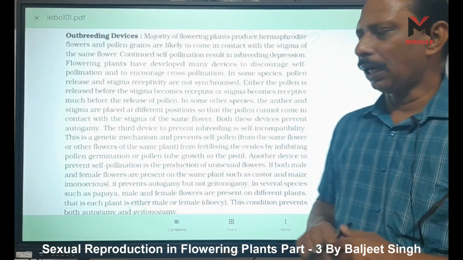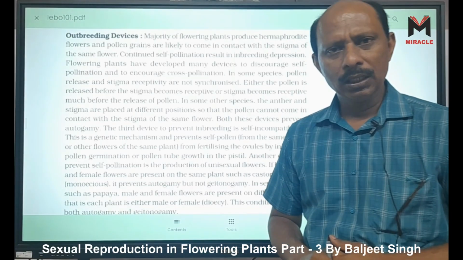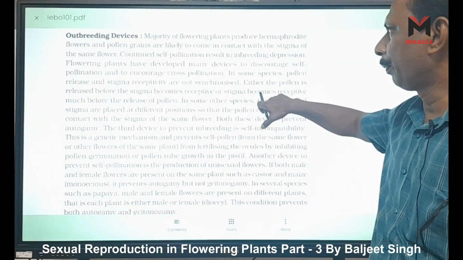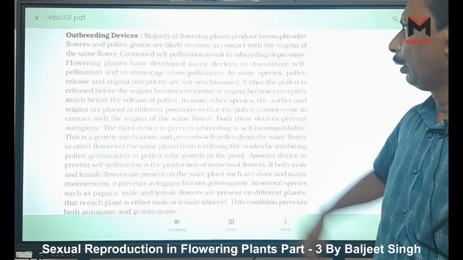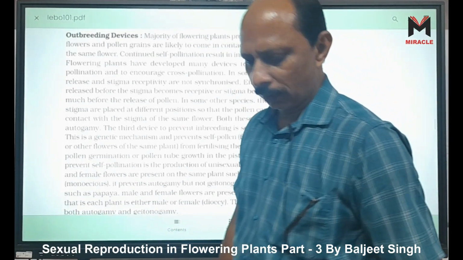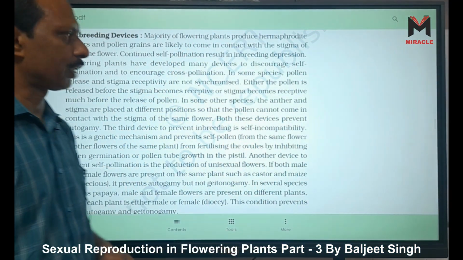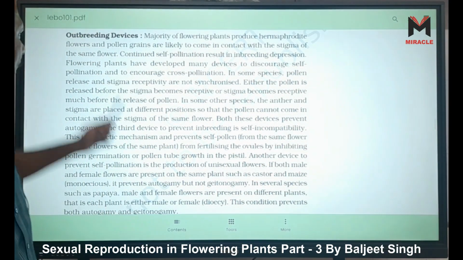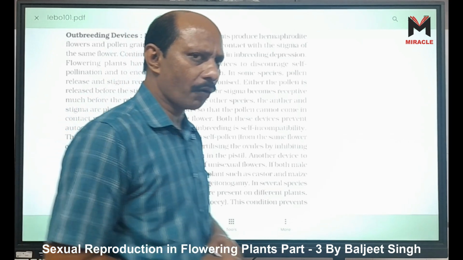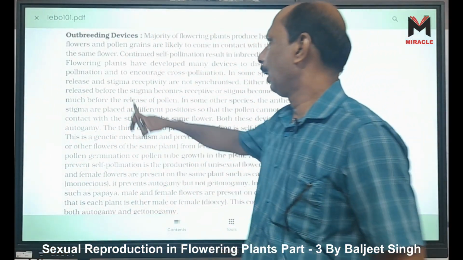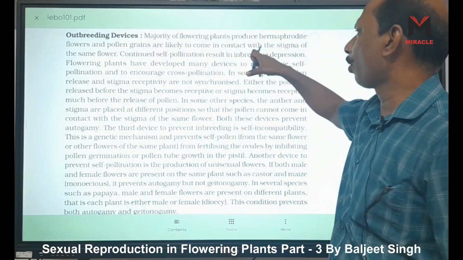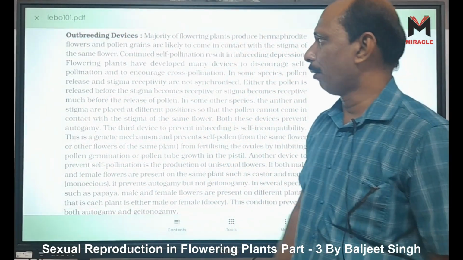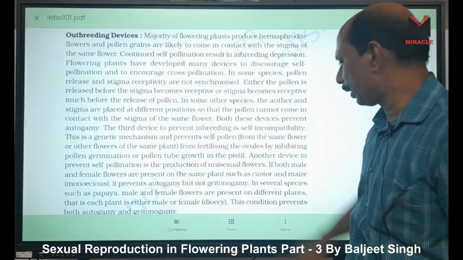Or we can say these are the devices which improve cross-pollination. The majority of flowering plants produce hermaphrodite flowers. Hermaphrodite flowers means bisexual flowers, right? And pollen grains are likely to come in contact with the stigma of the same flower very easily, right? Continued self-pollination results in inbreeding.